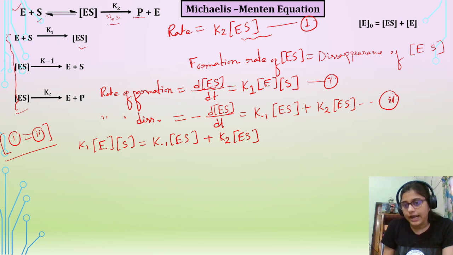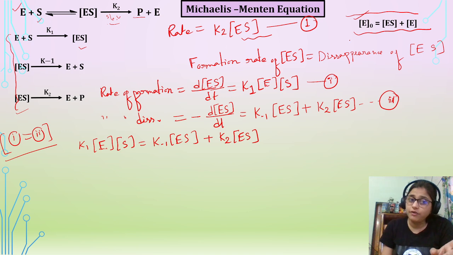Fine. And another important thing is there, let's say E0. E0 is the initial concentration of enzyme, the concentration of enzyme which we actually add, which we know.